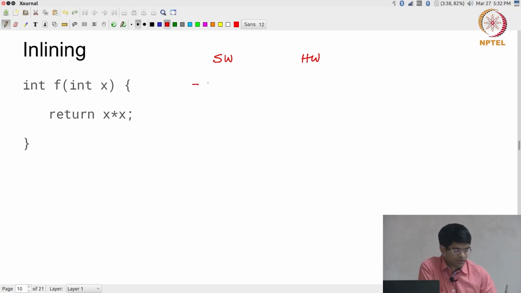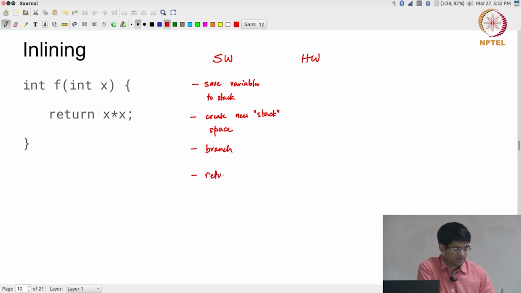So you have to save the present variables to stack, create new stack space for the new function that is going to be called, branch, and eventually there will also be a return from the branch.